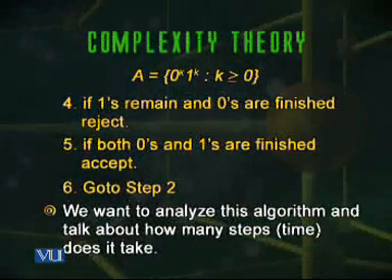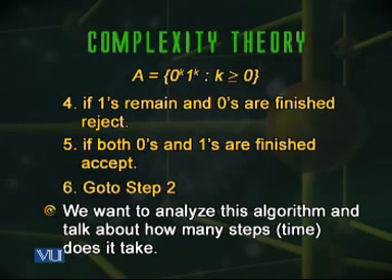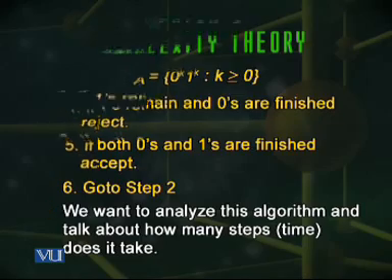So, this Turing machine scans the tape, crossing off a 0 and a 1 every time. And it scans the tape again, crossing off a 0 and a 1 the next time. So, what we will now do is ask, how many steps does this Turing machine take? What is the time required by this Turing machine?